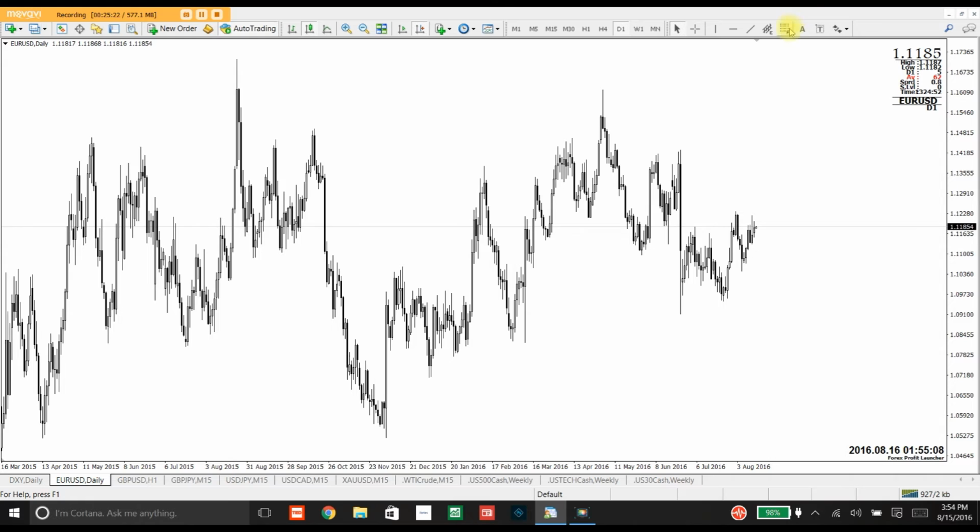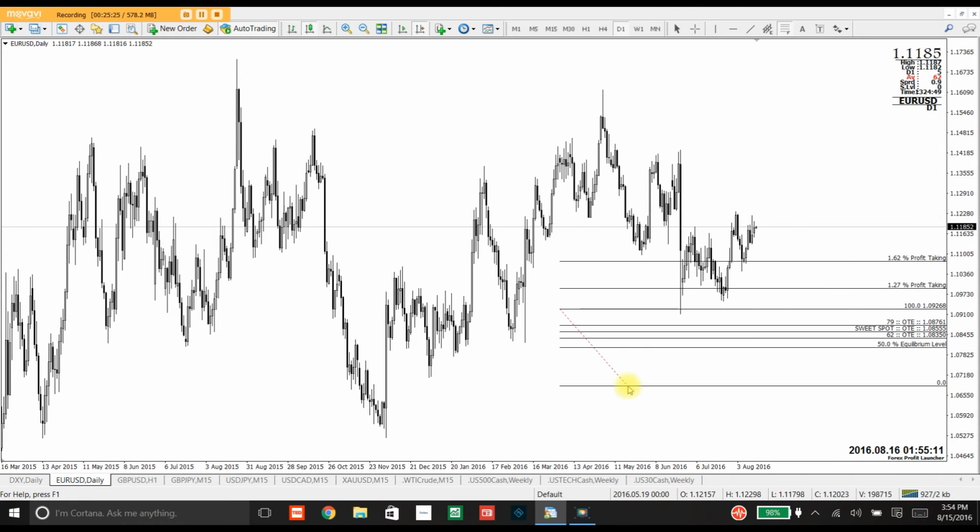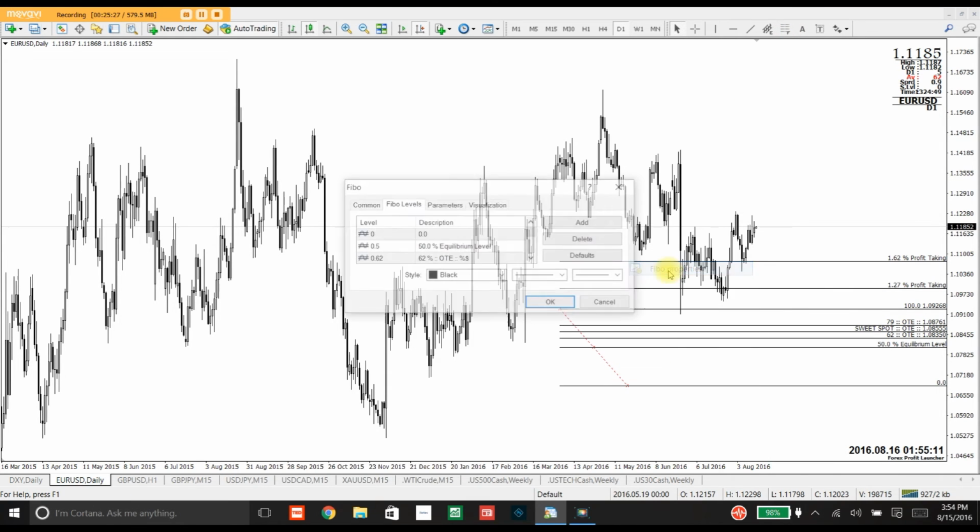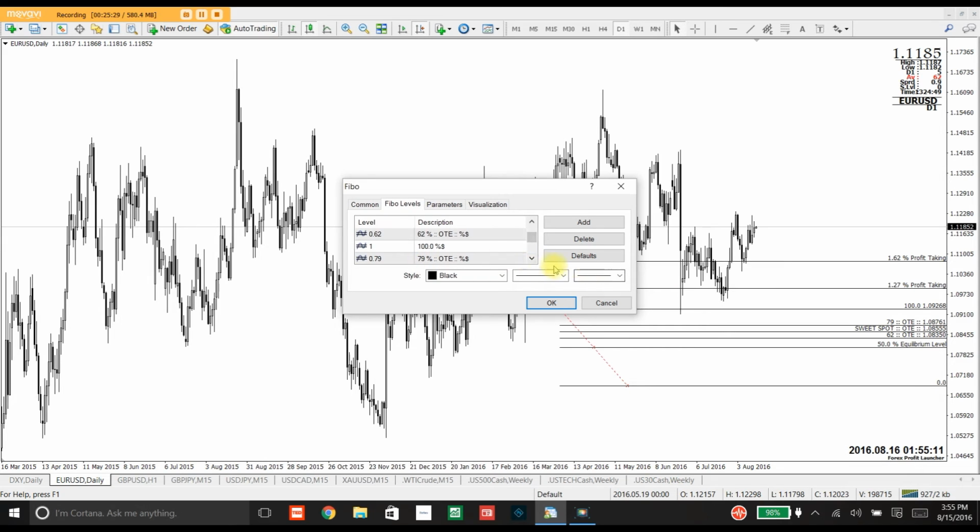Okay, so my Fib extension levels are the 127 extension level and the 162. And actually, I want the 200 on there as well.